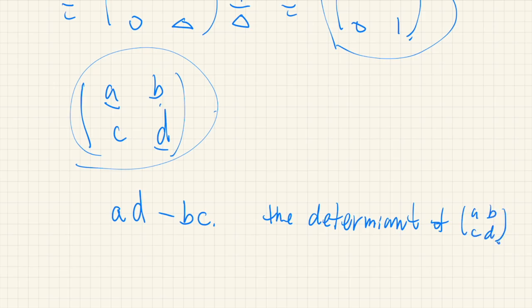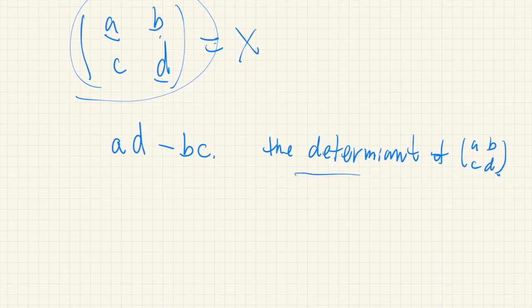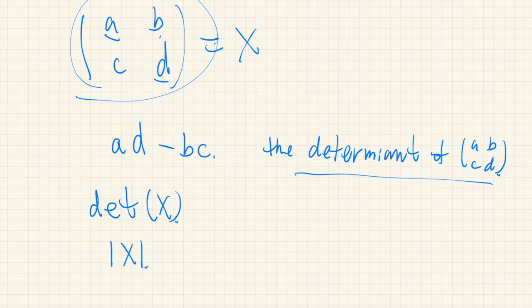If we denote this matrix as X, then the determinant of X is usually denoted as det X, or sometimes bar X bar. So it's like the absolute value of X, but in this case, it's not absolute value, it's determinant. Of course, if all the elements are real numbers, then the determinants are also real numbers.